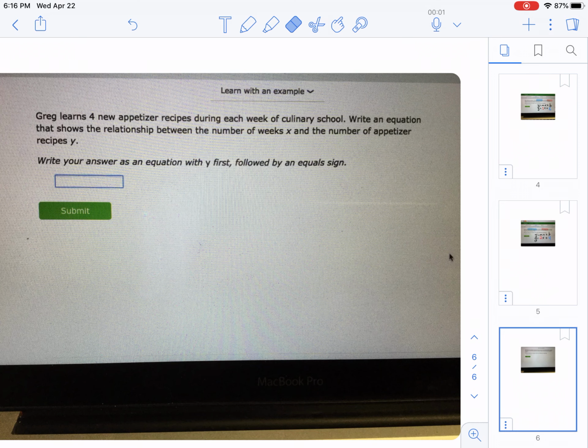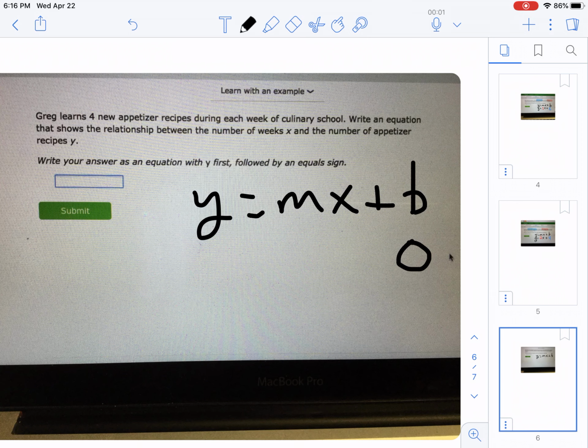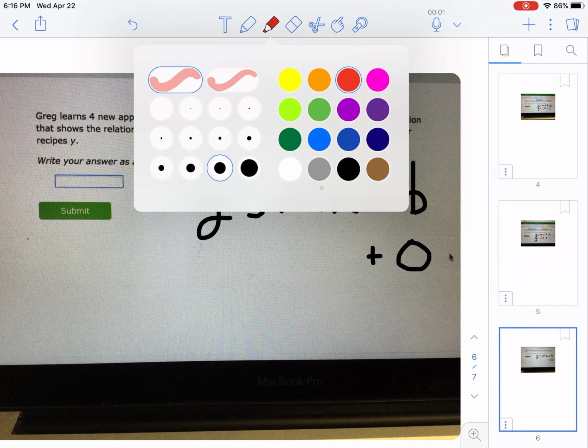All right, so what we want to find out first is what part of this equation is fixed. Well, none of it. There's nothing that's fixed. So we could write in equation form y equals mx plus b. Nothing is fixed. So you could write, if you want, plus 0. What part of this equation is the variable part?